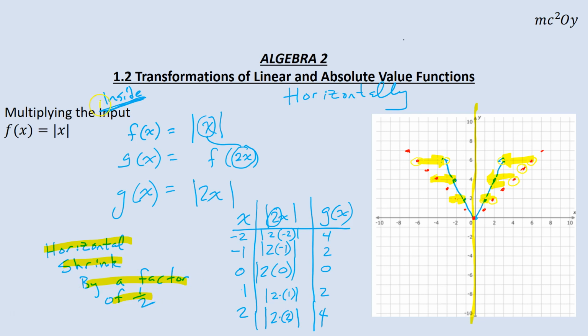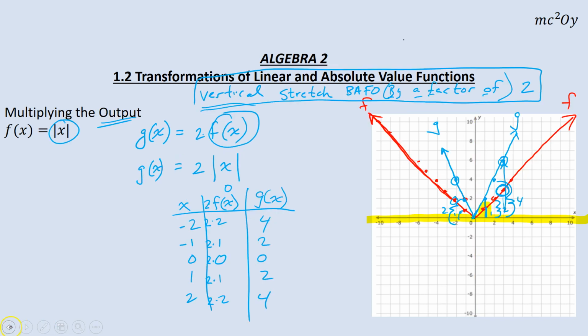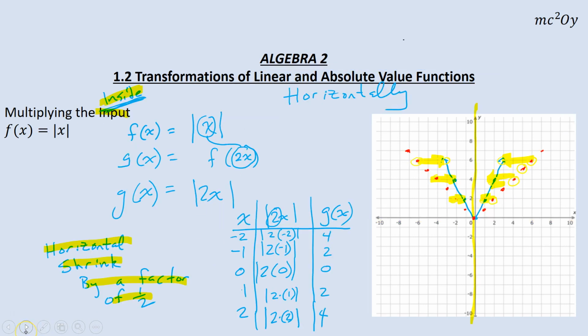Okay, and we know that it's happening horizontally because it's multiplying by the input. Now, reality is with this graph and the previous graph, the vertical stretch by a factor of 2, pictorially they look the same. Even in your tables, they look the same.